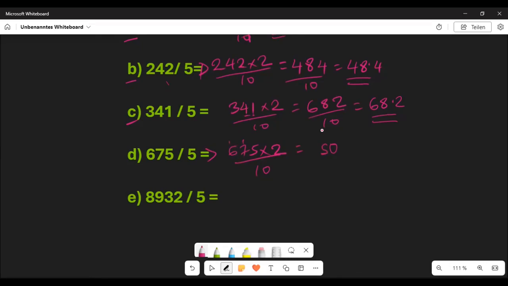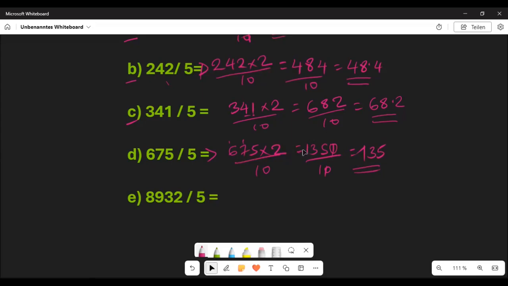Then 6 multiplied by 2 gives us 12 plus 1 gives us 13. So we have 1350, and that's what we now divide by 10. The 0 cancels. So at the end of it all, we have 135 as our answer. That is basically how we divide anything by 5.